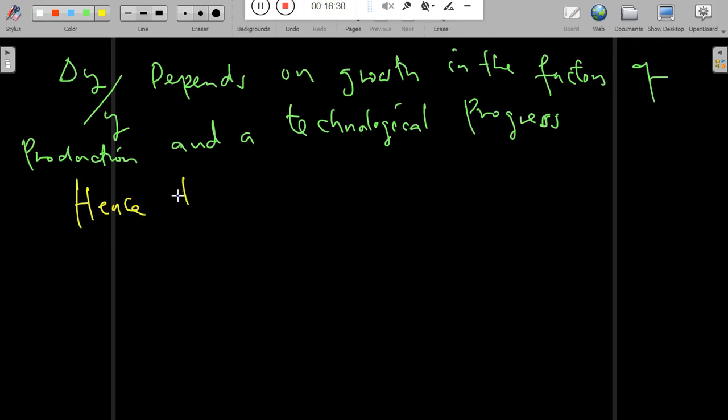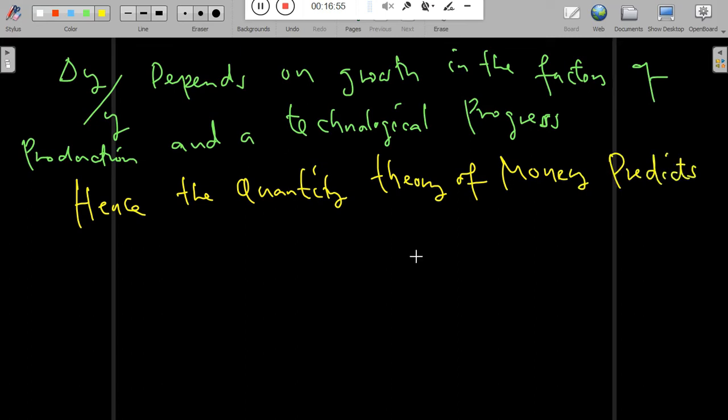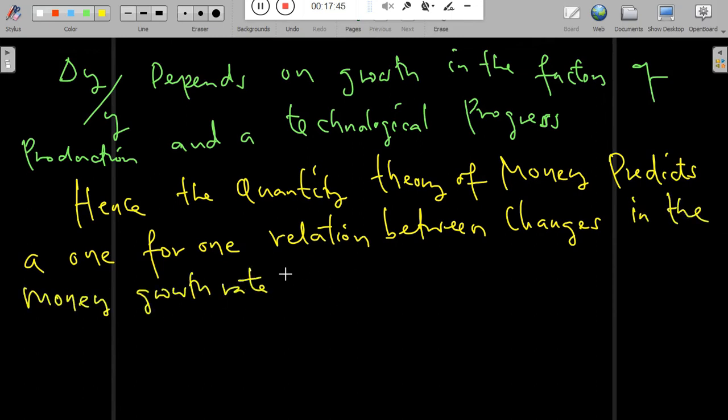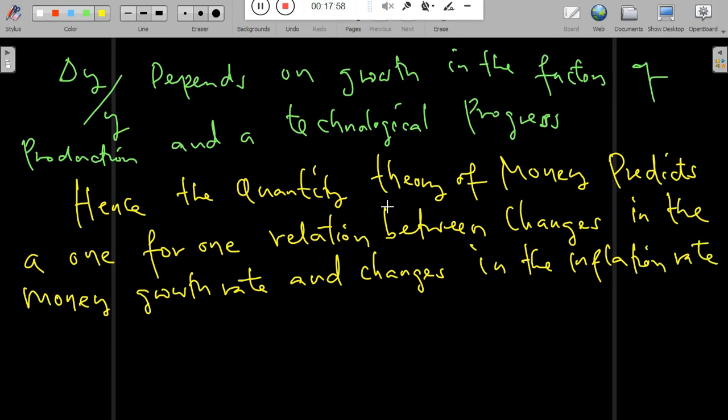So for that case, we can say that the quantity theory of money predicts a one-for-one relation between changes in the money growth rate and the change in the inflation rate.